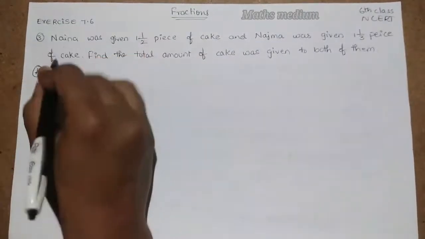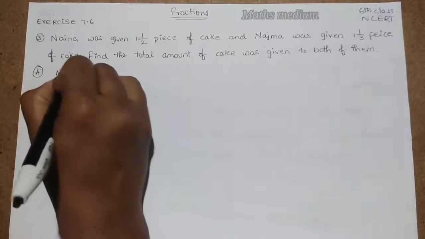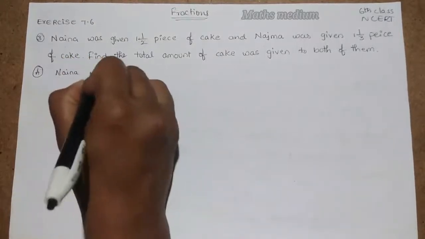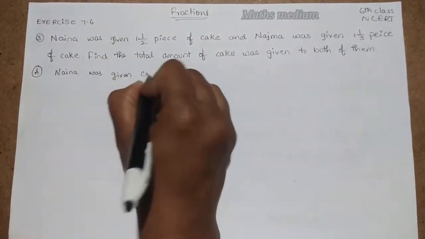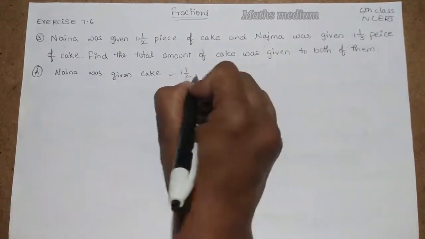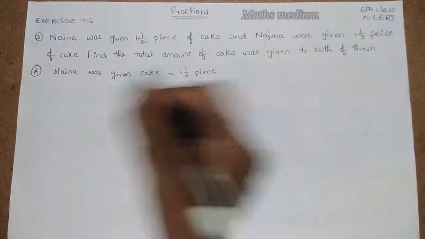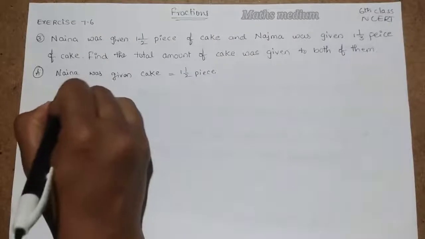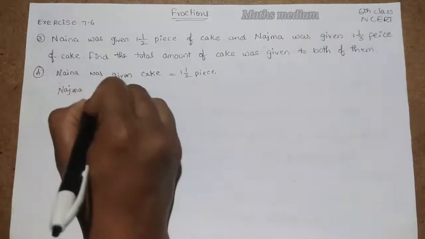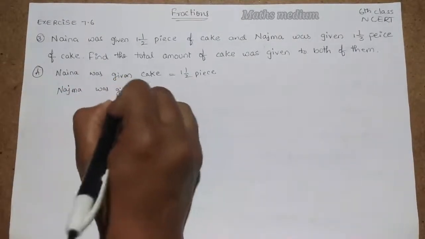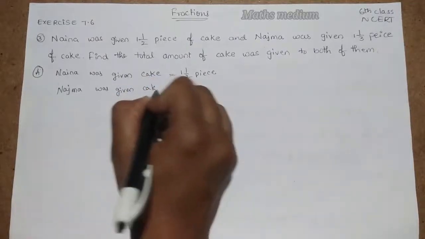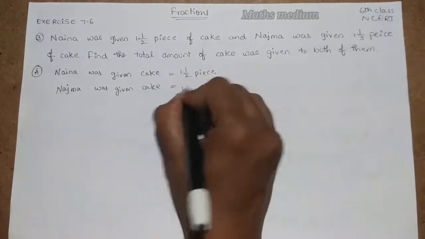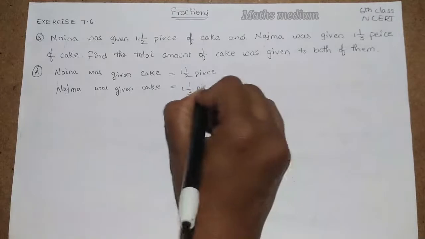Let's start with the answer. So Naina was given cake equal to 1 by 2 piece. Next, Nazma was given cake 1 by 3 piece.